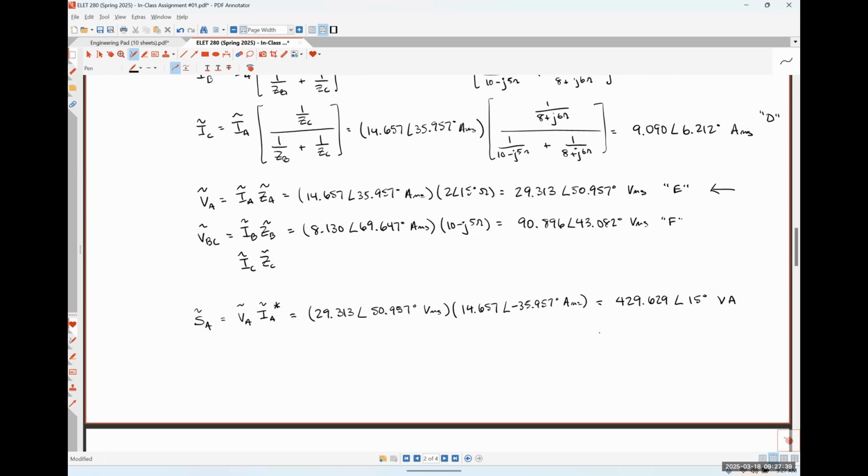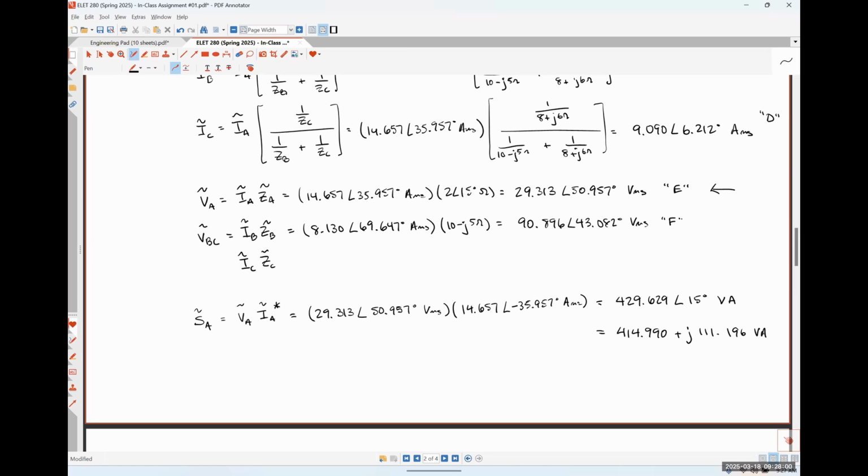And when I did that, I got 414.990 plus j111.196 volt amperes.